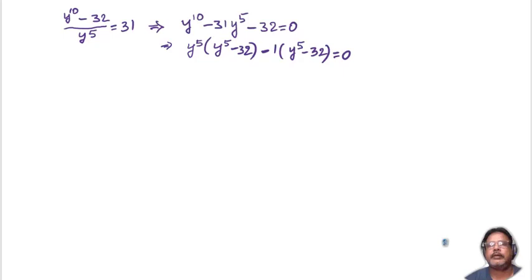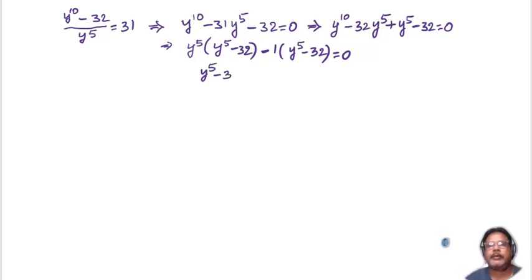Some members they are having doubt here. I will write the step here. Y power 10 minus 32 y power 5 plus y power 5 minus 32 equal to 0. From this we may get this values of factors.